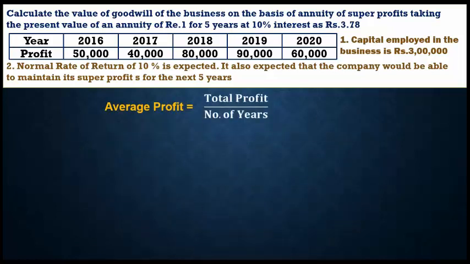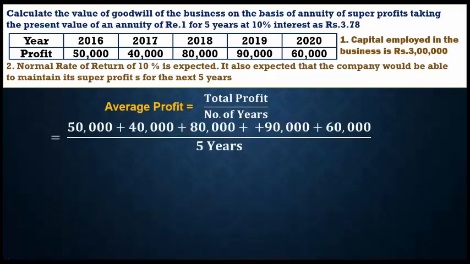First year profit 50,000, second year profit 40,000, third year profit 80,000, fourth year profit 90,000 and fifth year profit 60,000, divided by 5 years. The information is for 5 years, so I have taken 5 years as the denominator.